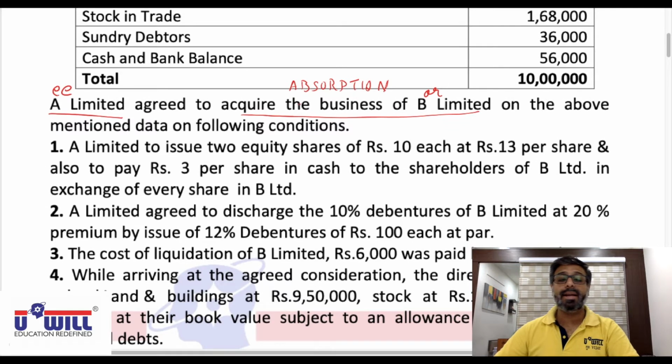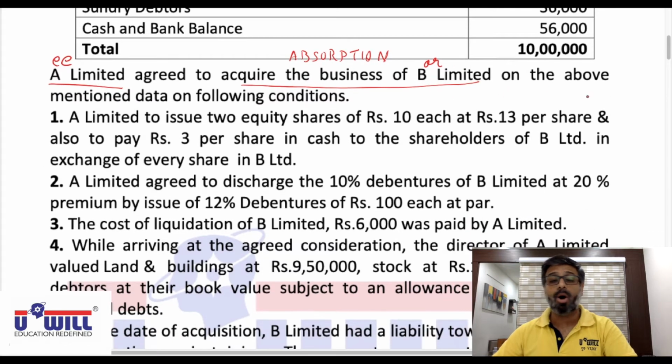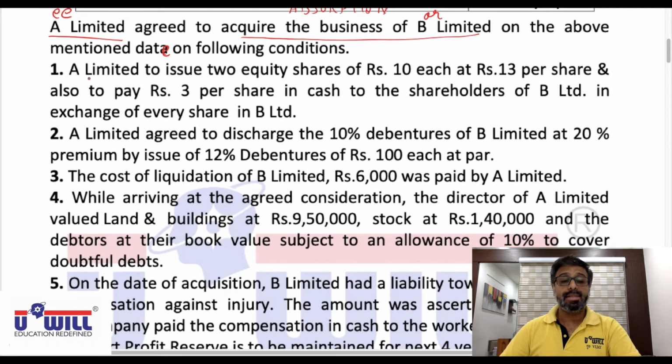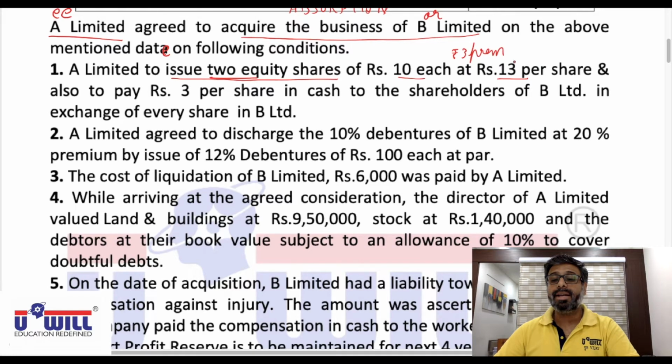So A Limited agreed to acquire the business of B Limited on the above-mentioned date on the following conditions. First, A Limited is to issue, underline, 2 equity shares of rupees 10 each at rupees 13, meaning 3 rupees is premium. 13 is the agreed value of the equity shares. 10 rupees face value shares are issued at 13.